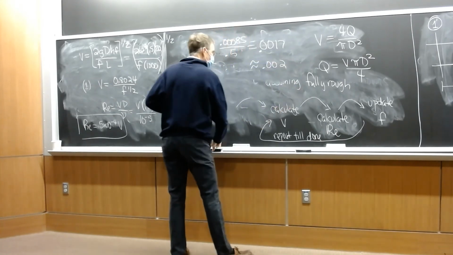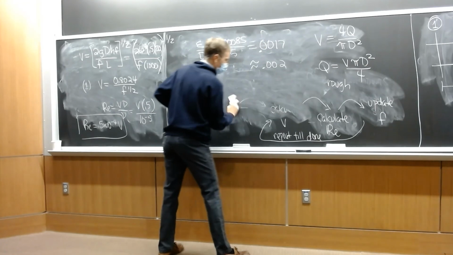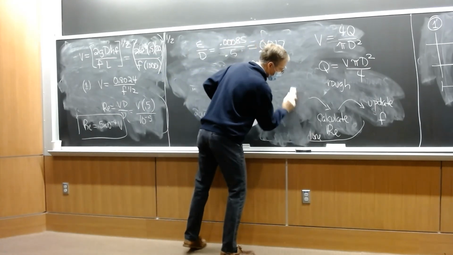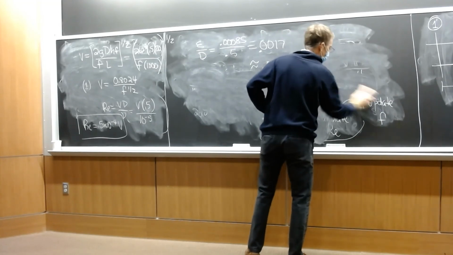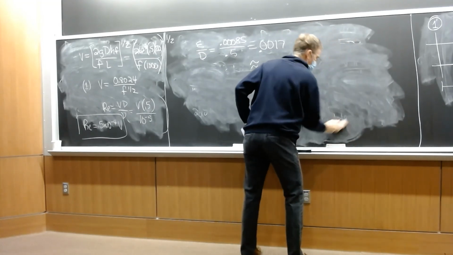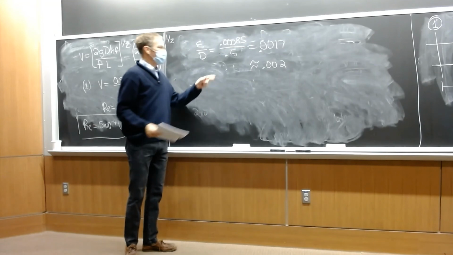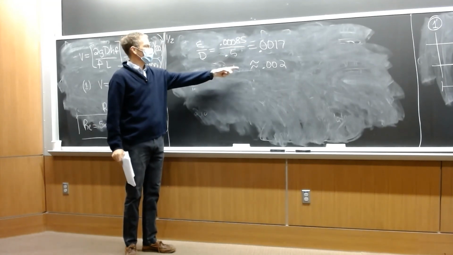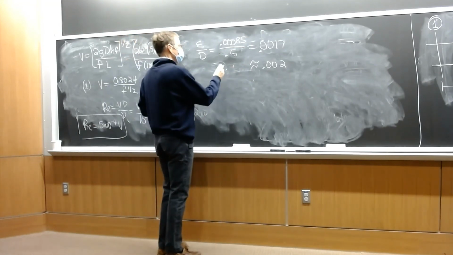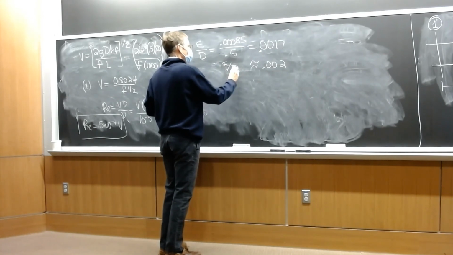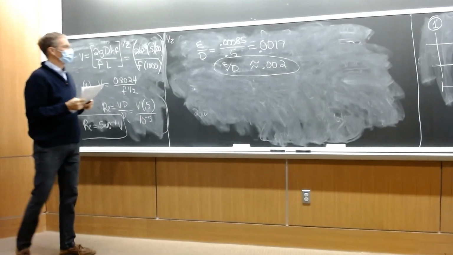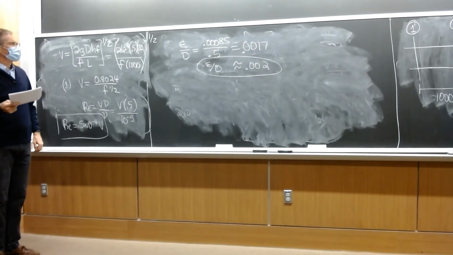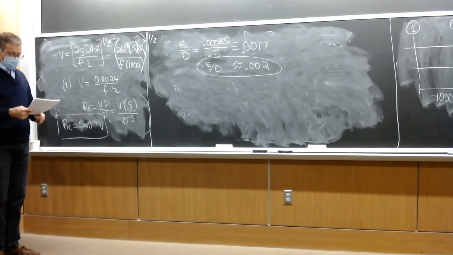And just for the sake of making it easier on us, we're going to just assume that our relative roughness is this nice round number, 0.002.